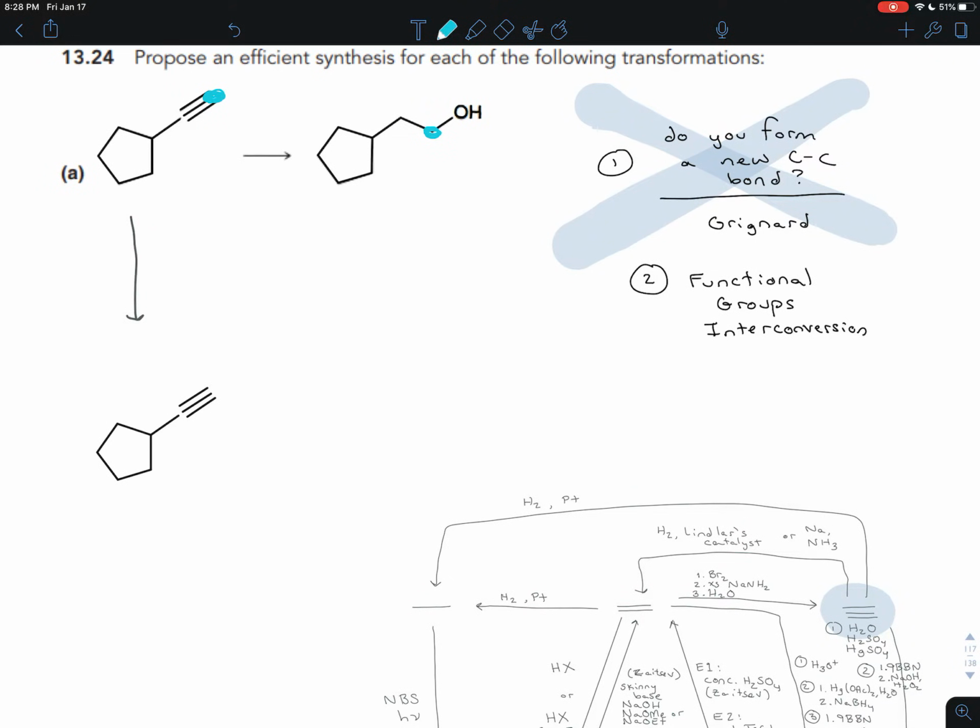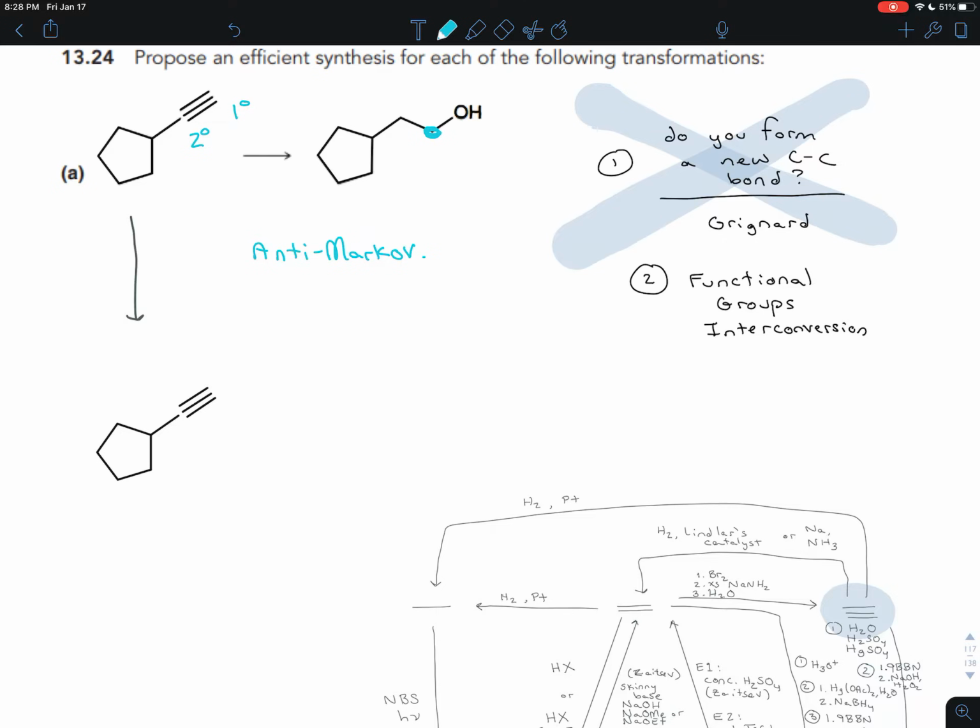Now, if you compare those 2 carbons in the triple bond, the one on the end is only bonded to one other carbon, so it is primary. The other carbon is bonded to 1, 2, so it is secondary. We want the oxygen to go on the less substituted carbon. That means the hydrogen would go on the more substituted carbon, and that would be anti-Markovnikov.